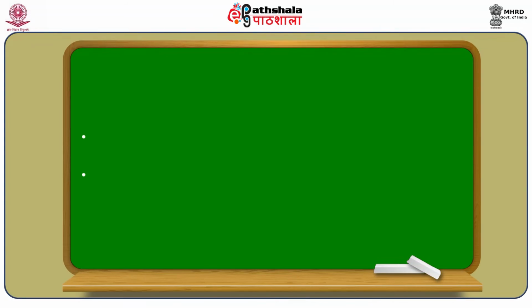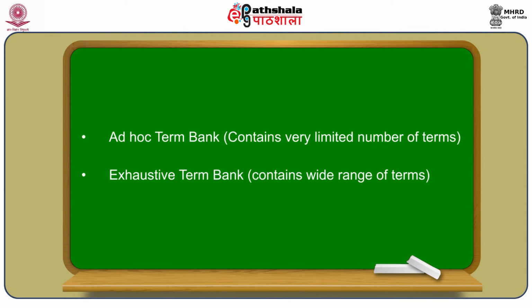Since it is very difficult to compile a term bank immediately and quickly, we can do it in two different ways. We can go for an ad hoc term bank. This will consist of a limited number of terms, with the goal of using them in translation work by professionals.